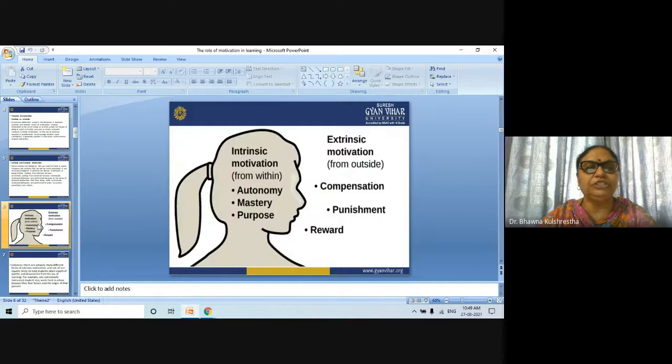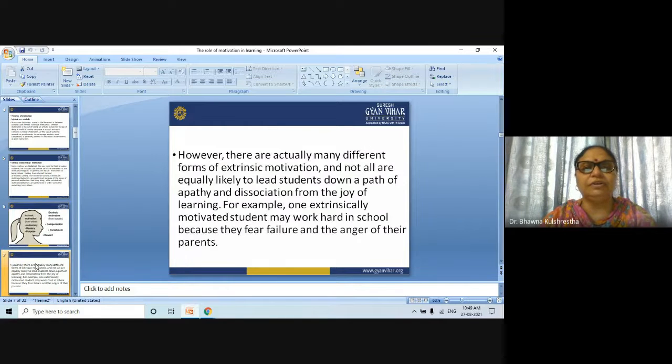In this picture: intrinsic motivation from within, autonomy, mastery, purpose, and extrinsic motivation from outside, compensation, punishment, reward, etc. However, there are actually many different forms of extrinsic motivation, and not all are equally likely to lead students down a path of apathy and dissociation from the joy of learning.